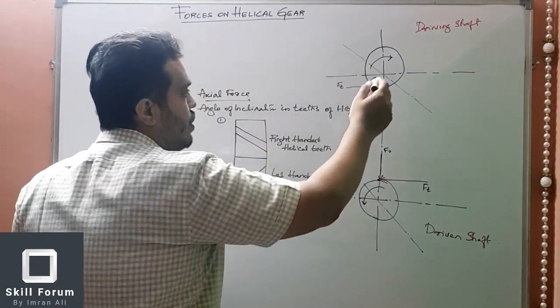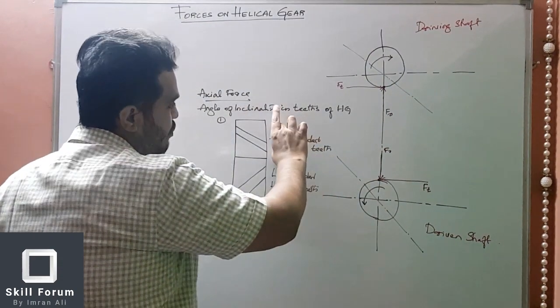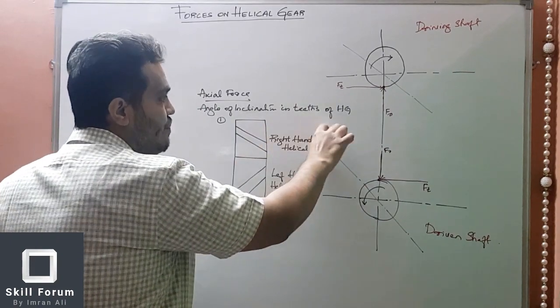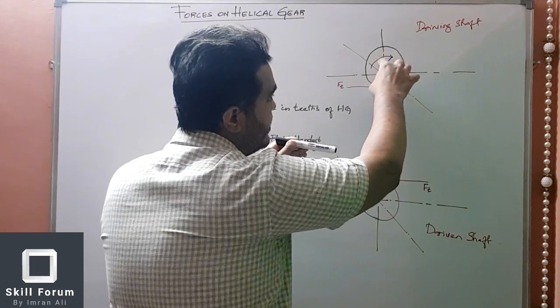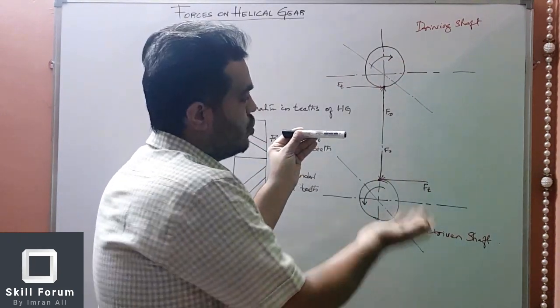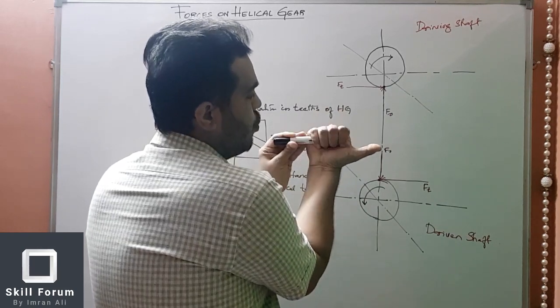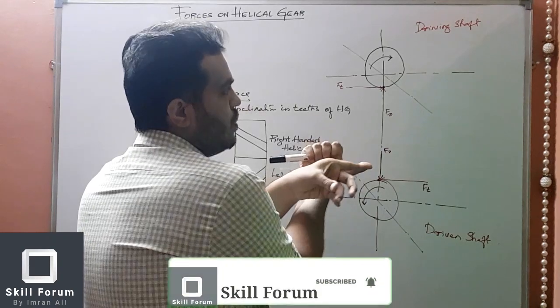So to define the axial force in the driving shaft, I am going to consider the teeth on the driving shaft to be right-handed helical teeth. I have considered this in clockwise direction, right? So I am holding this and I will try to rotate this in clockwise direction. What will be the axial force? Towards right, right?